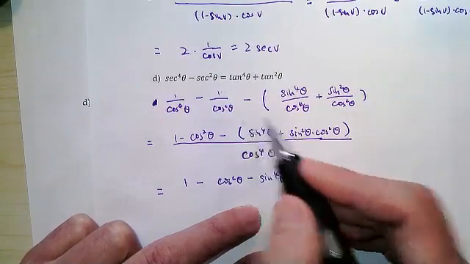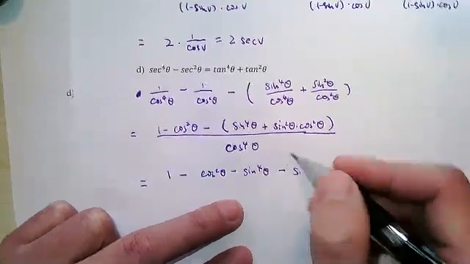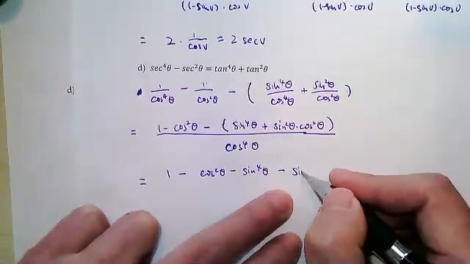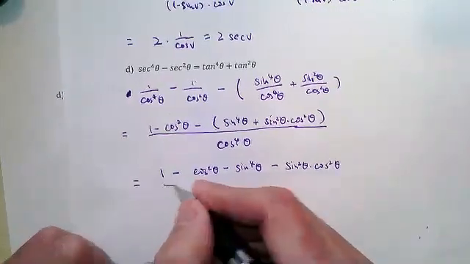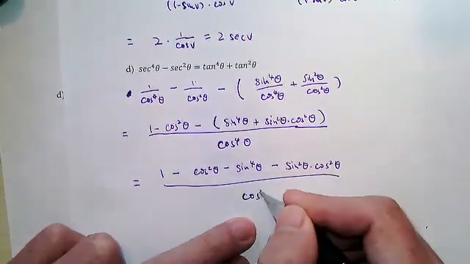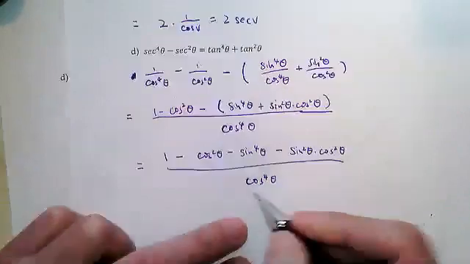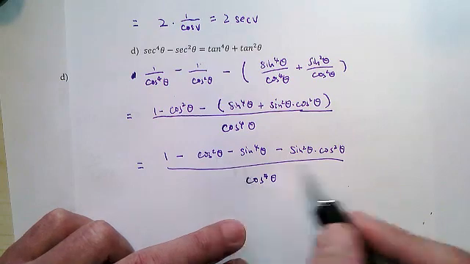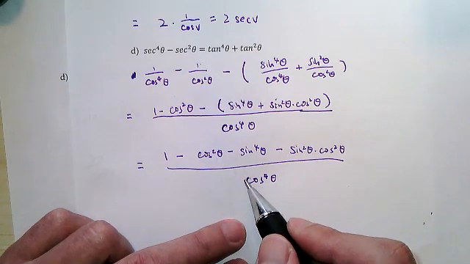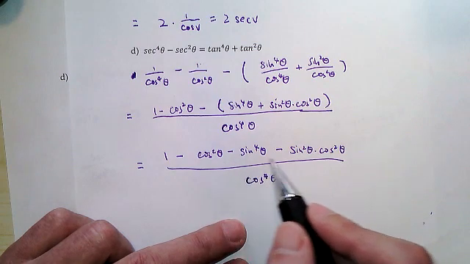Once you get rid of the parentheses, it becomes minus. Okay. Too complex. What can we do? We have so much stuff here.